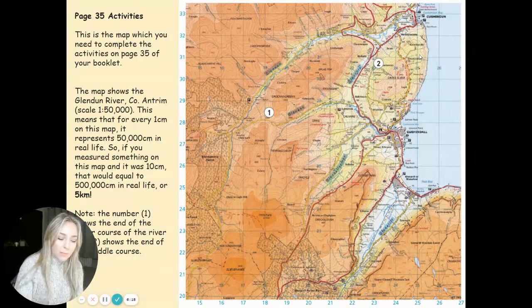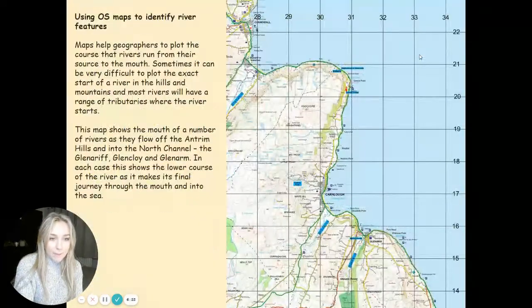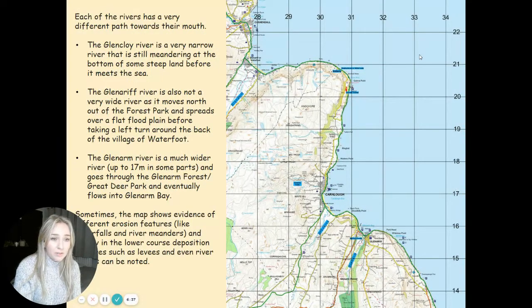So yeah, before I get on to the questions for this map, these couple of slides are basically saying what I've just told you, that you could be given a map in the exam and you'll be asked to do certain things with it. So I'm not going to read through them. You can read through those couple of slides yourselves. What normally happens in the exam is that you have an actual insert.